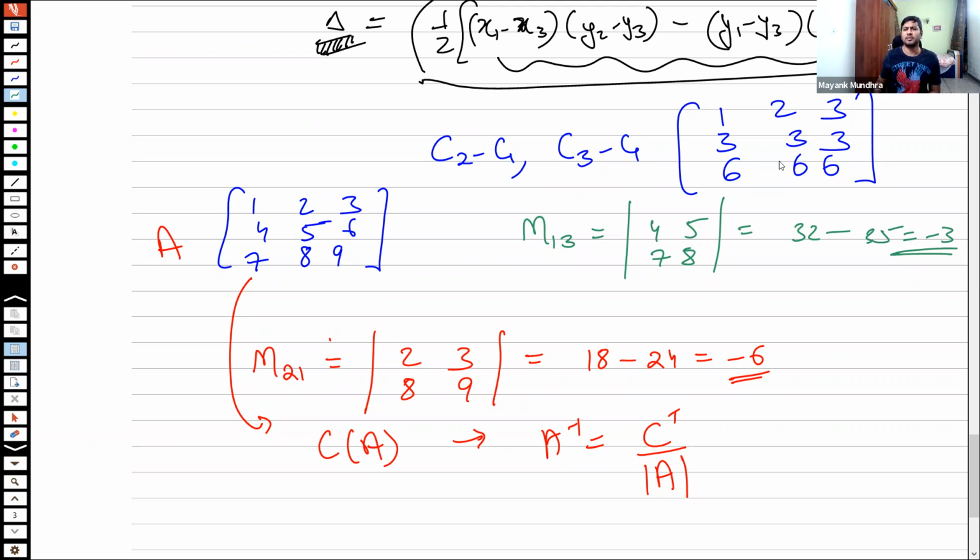Because they are dependent vectors, the determinant comes out to be 0. Now this row and this row are ratios of each other. Row 1 and row 2 are in the ratio 1:2. So obviously the determinant is going to be 0.